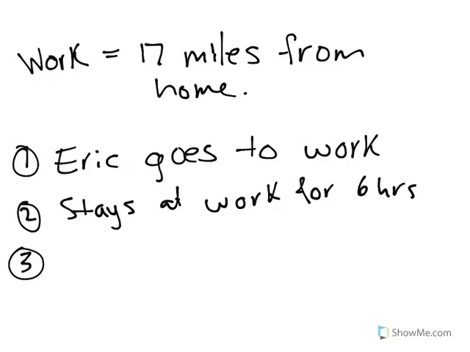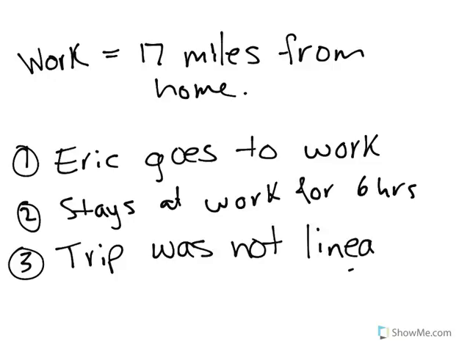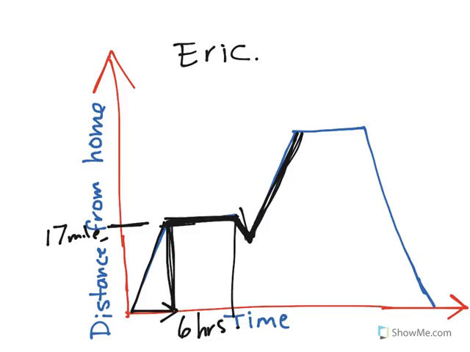So here we will say that his trip was not linear. If it was linear, either it would have always been downward, so always getting closer to home, or it would have only been upward, so always getting away from home. But since we see that sometimes he's closer, sometimes he's further away, the trajectory was not linear.